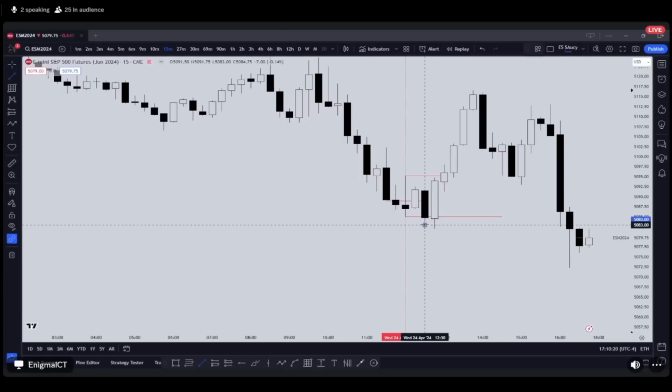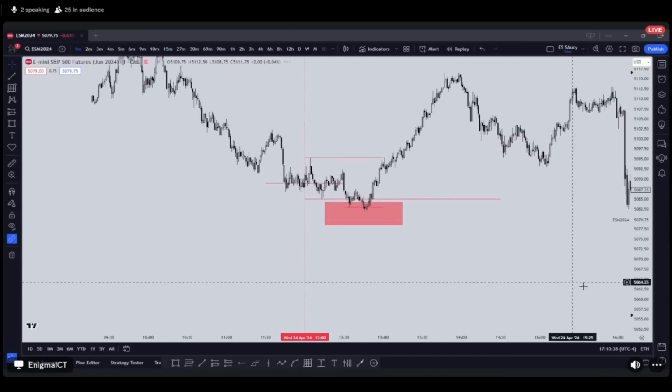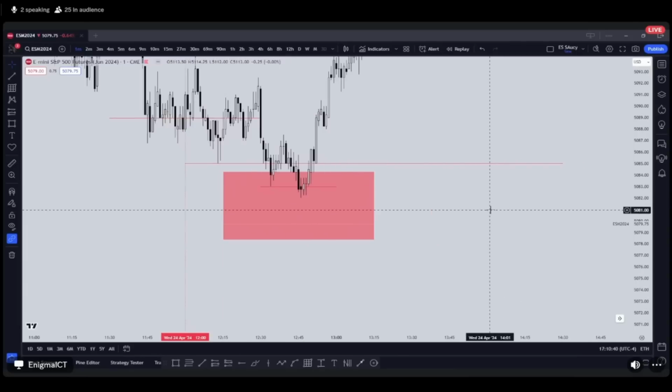And when this gets swept with SMT, you can trust this. Why is that? Because not only on the 15, on the hourly as well, the same thing happens. The same thing. And there's definitely a SMT here from here.